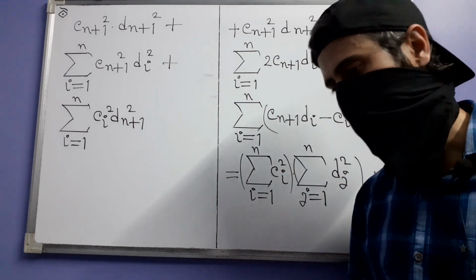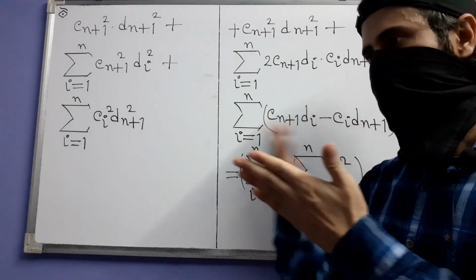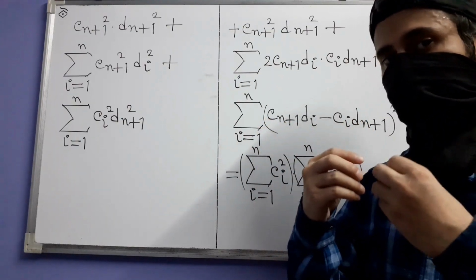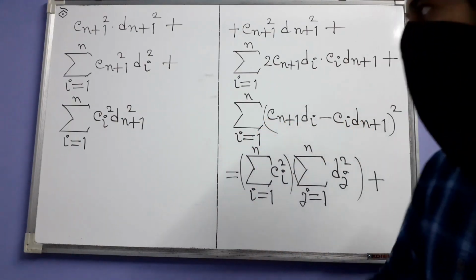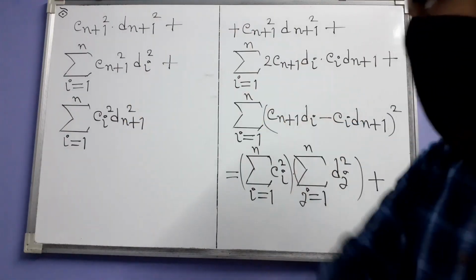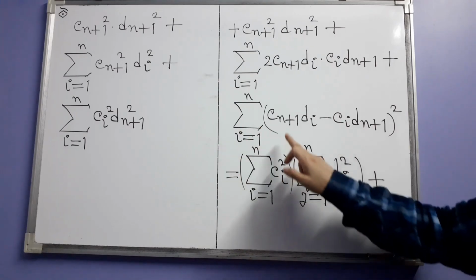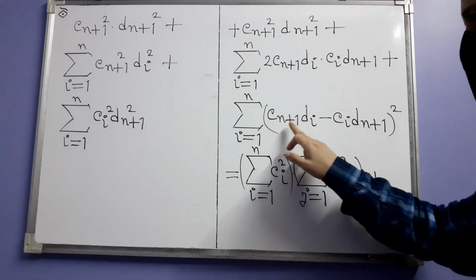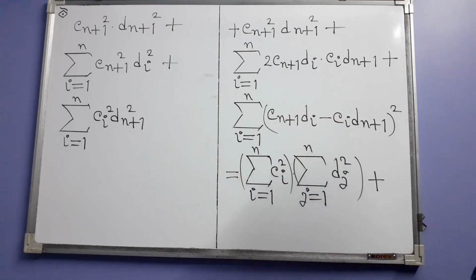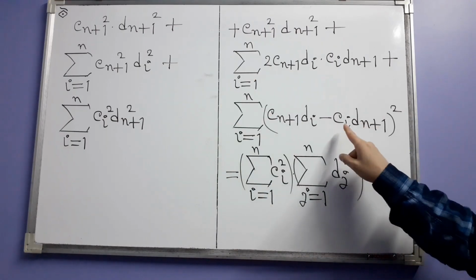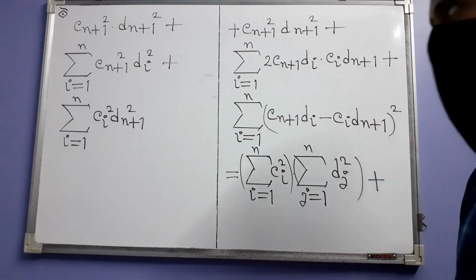Because of these two properties, you can rearrange the terms of a finite sum in any way you want. So that's how we are getting these two sums as well. The first one consists of these terms Cn plus 1 square di square, and the second one consists of Ci square dn plus 1 square.